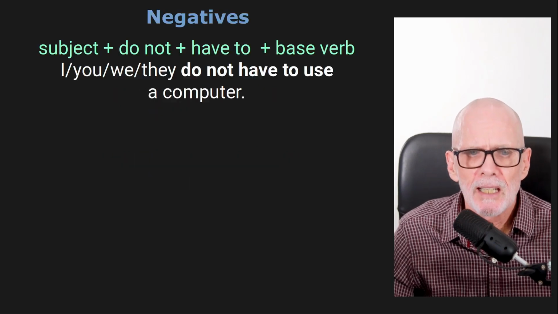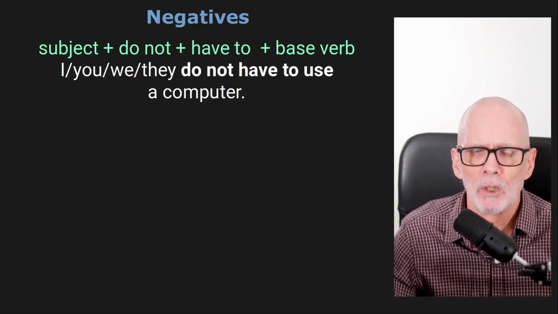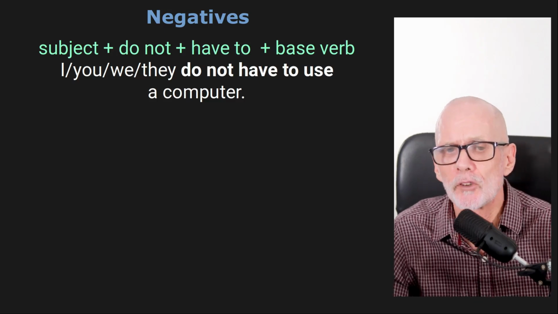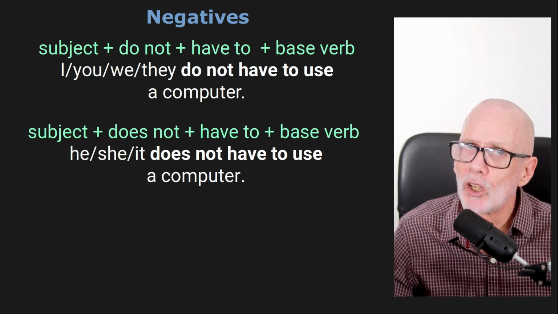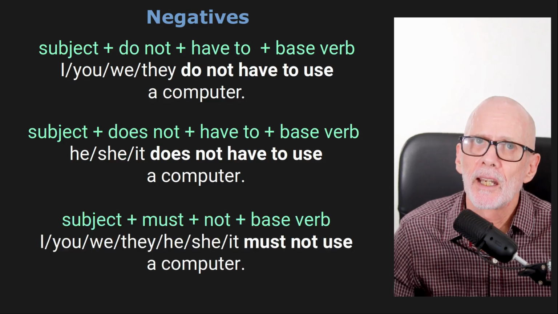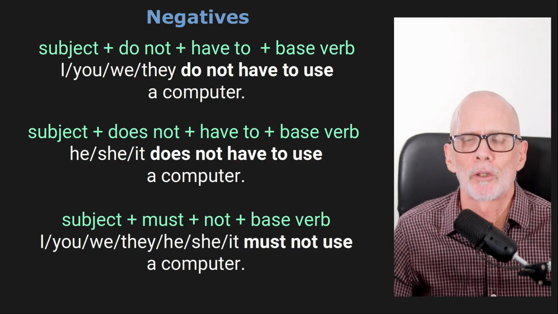So the negative of have to is do not have to. So for example, they do not have to use a computer. Or in the third person, he does not have to use a computer. And the negative of must is he must not use a computer.